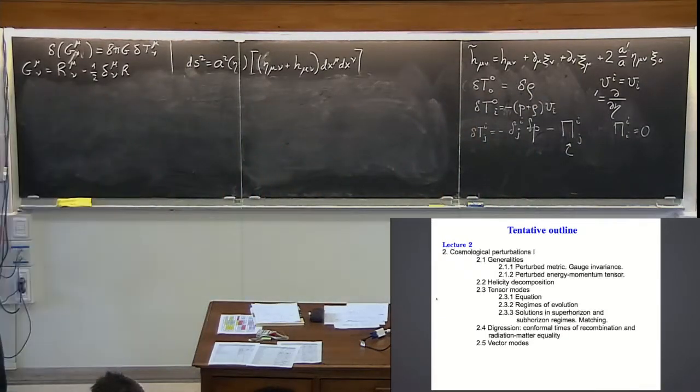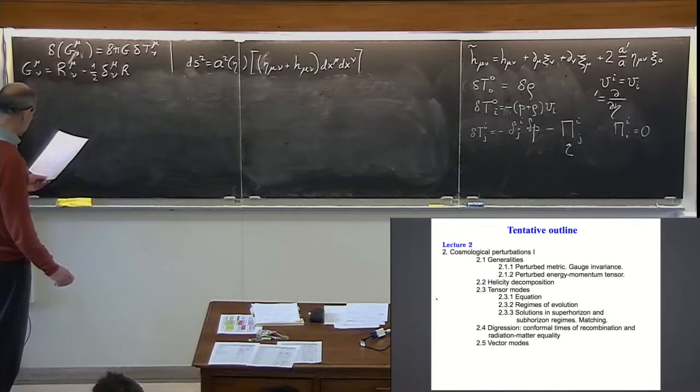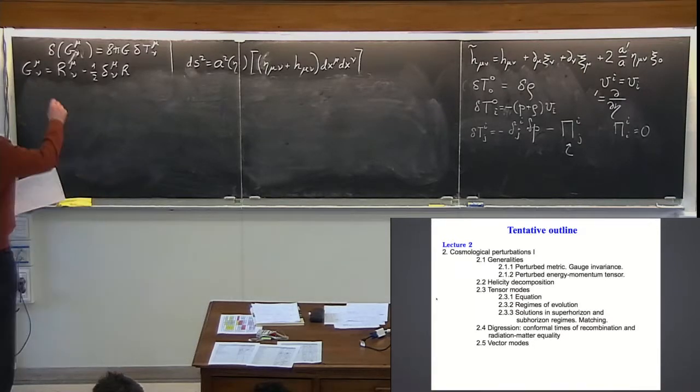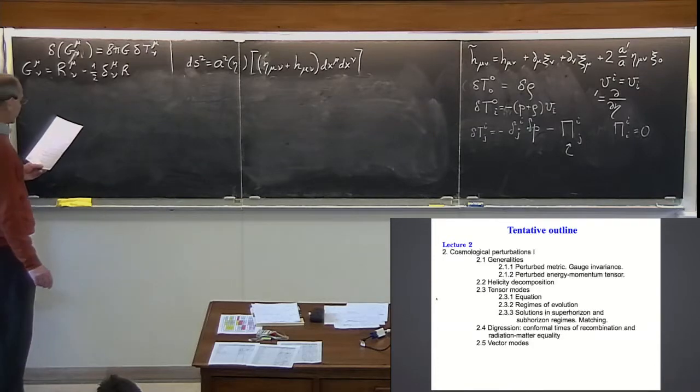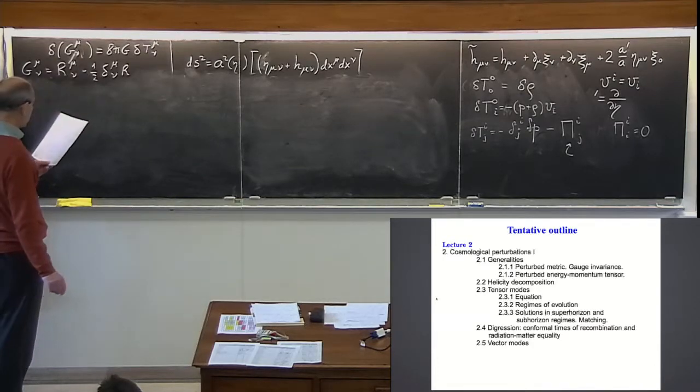After I made this decomposition, the equation for the coefficients h_alpha is obtained by calculating the left-hand side of the perturbed linearized Einstein equation. The right-hand side is 0 for the transverse traceless part of the Einstein equation.